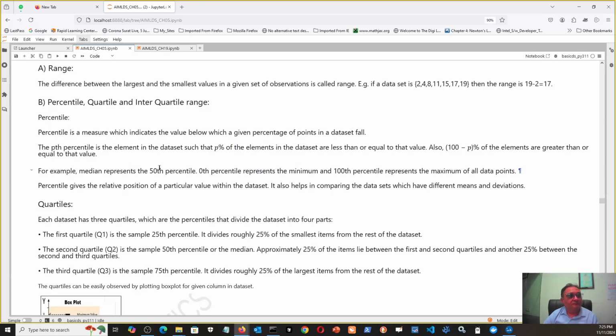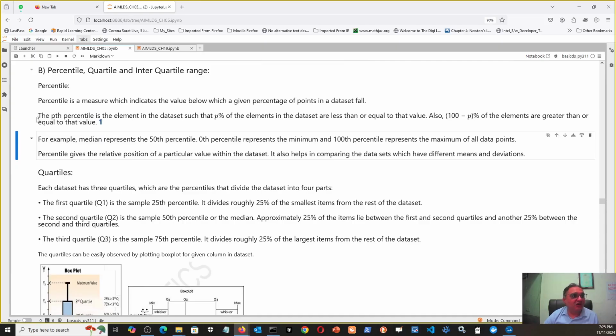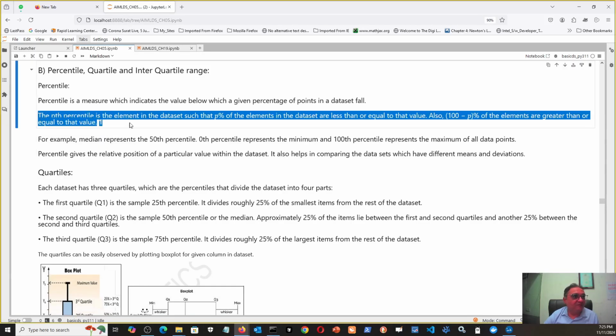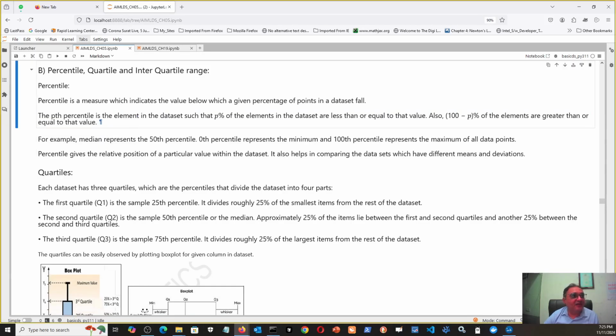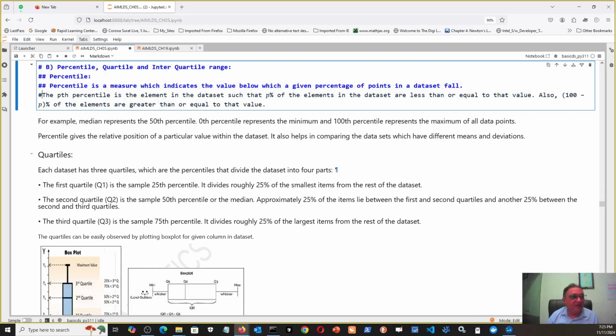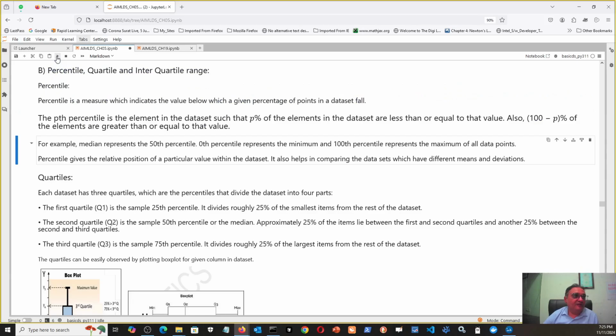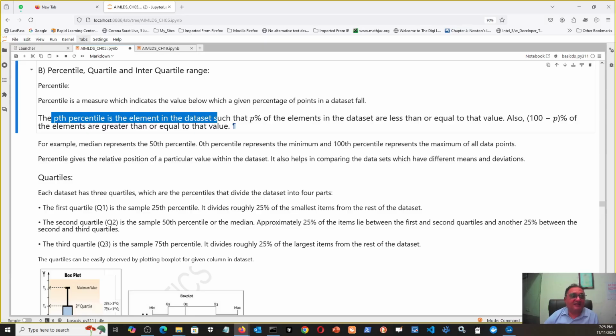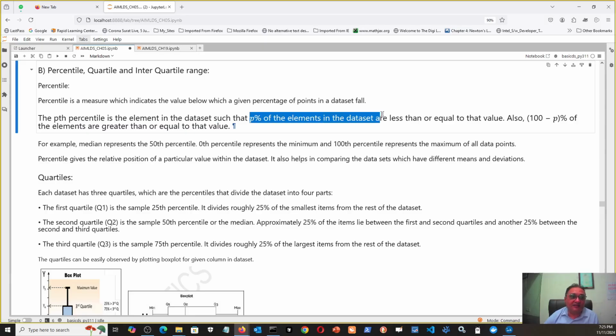Okay. Now you should speak this sentence, for this sentence is important. You should speak this sentence for as many numbers as possible for practice. It is important, so I am even making it larger in font. Say 10th percentile is the element in the data set such that 10% of the elements in the data set are below that 10th percentile element, and 90% because 100 minus 10, so 90% of the elements are above that 10th percentile element.